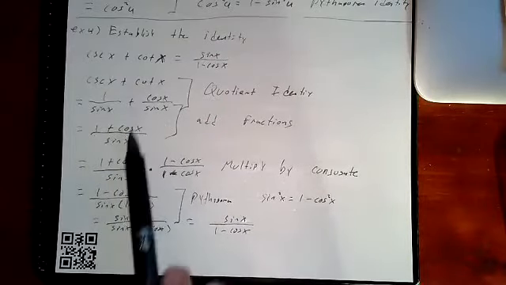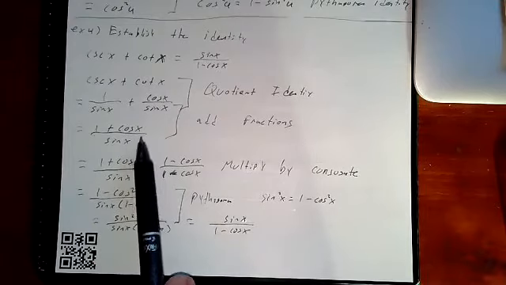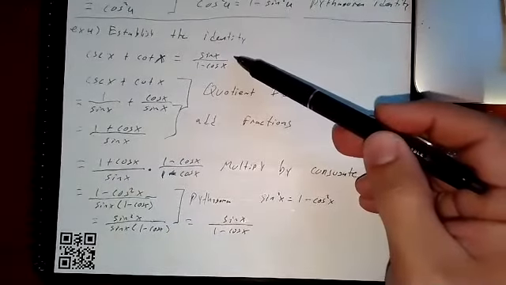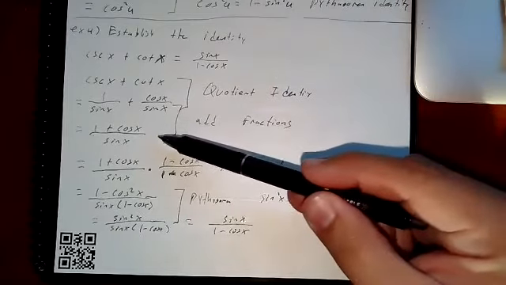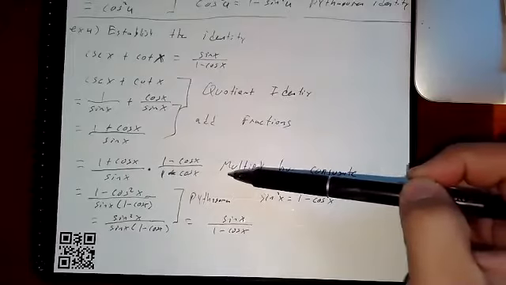But when I added them, I ended up here. And I'm like, wait a minute, I don't know what to do next. How do I change this into this, right? That's the goal. They're similar, but they're not the same. So that's when you decide, let me use this conjugate idea.